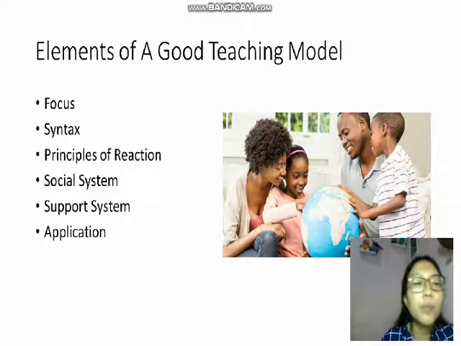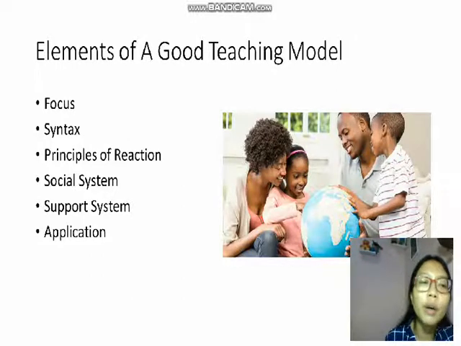Next, I will discuss the elements of a good teaching model. There are six elements. The first one is focus, the second one is syntax, the third one is principles of reaction, the fourth one is social system, the next one is support system, and the last one is application. So we move to the first element.